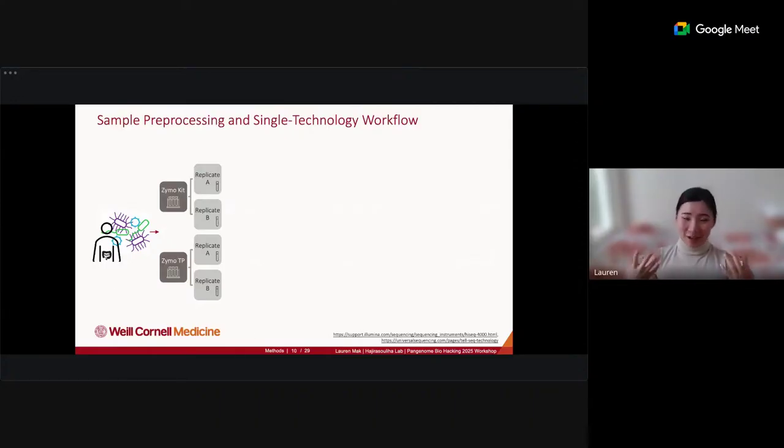So it is obviously worth it to try a bunch of different extraction methods to try and get as comprehensive a view of our original sample as possible.